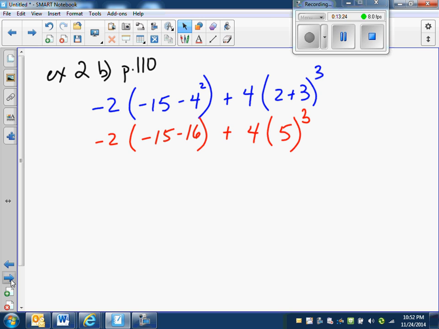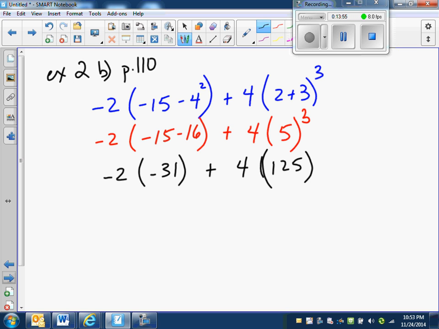So now if we carry on, we can solve the brackets here and get rid of this exponent here, then we will, so -2 times -31, and we're going to add that to 4 times 5 cubed, which is 125. Okay, so 4 times 125, as our question kind of keeps developing here.